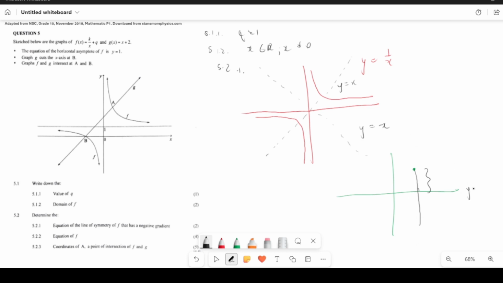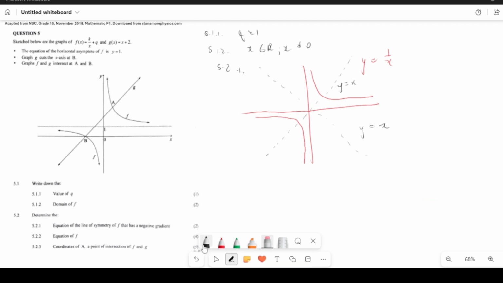So I'm going to reflect it about the x-axis, and it must shift by the same number of units in the opposite direction. So that would be at this point. If this was 4 units, let's say, then it needs to shift in the negative y direction by minus 4 units.